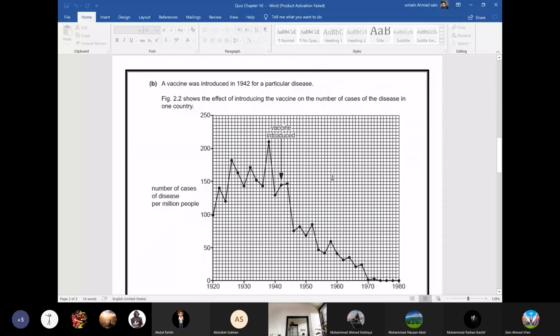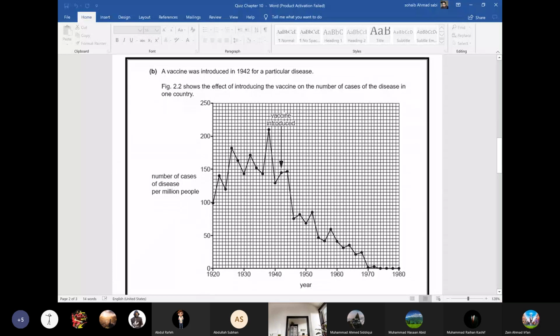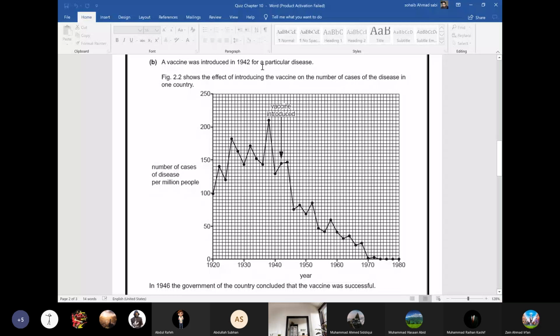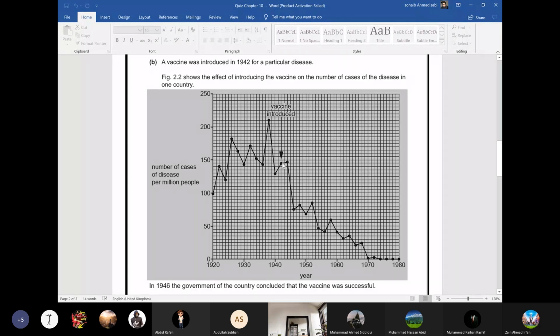Okay, next question. A vaccine was introduced in 1942 for a particular disease. Figure 2.2 shows the effect of introducing the vaccine on the number of cases of the disease in one country. Now, guys, look here. This is the time when the vaccine is introduced. This is 1942, right?